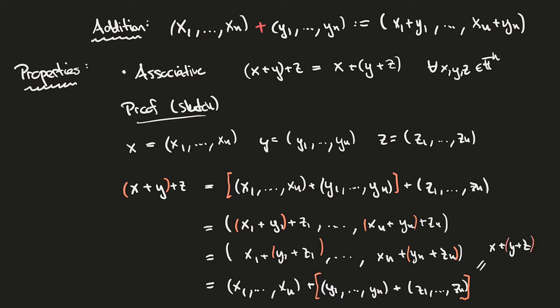And this is what we wanted to show. As you can see, these associativity proofs are usually quite cumbersome because one has to work with three different elements, and so they're usually left as an exercise in textbooks.